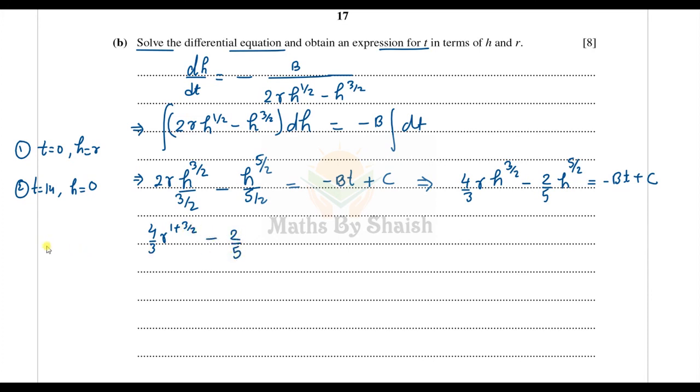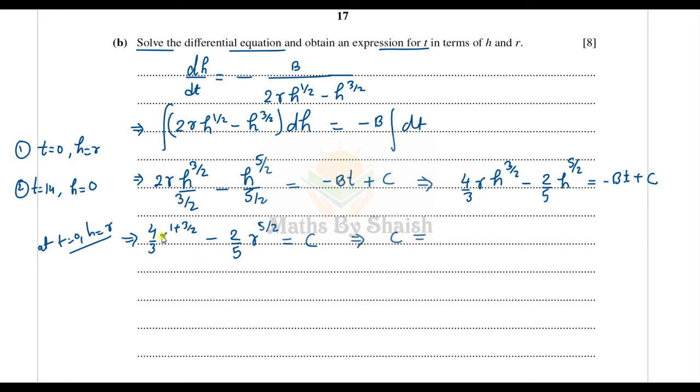I can write it as, at t is equal to 0, h is equal to r, that's why it is coming. So this implies h to the power 5 by 2, that is r to the power 5 by 2, is equal to t times b, and t times b is 0, so it is c, which can be simplified more.